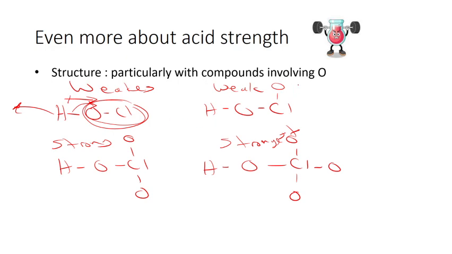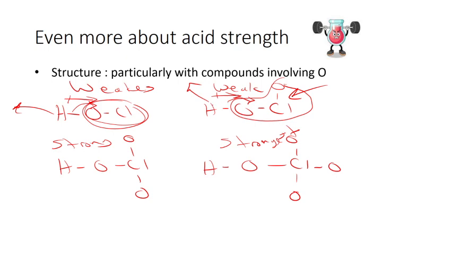When we get to this one, if the electrons move and the H goes to leave, there are more places for those electrons to go. They can spread out among more bonds. And two, there's more electronegativity and electron density being pulled in this molecule.